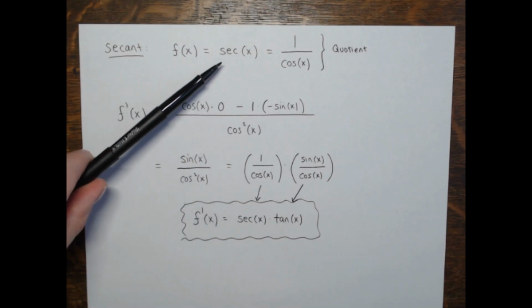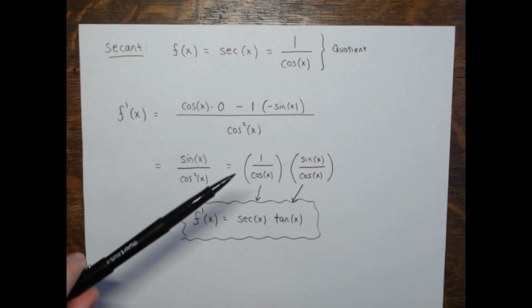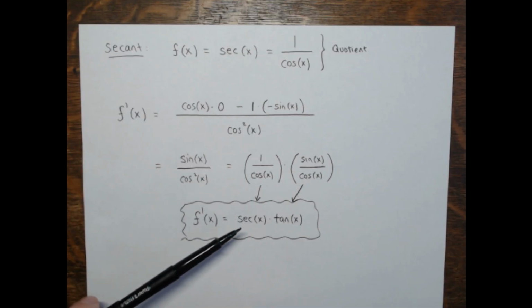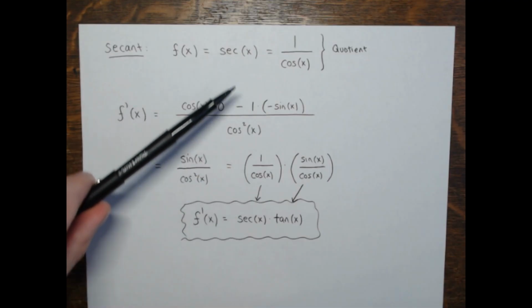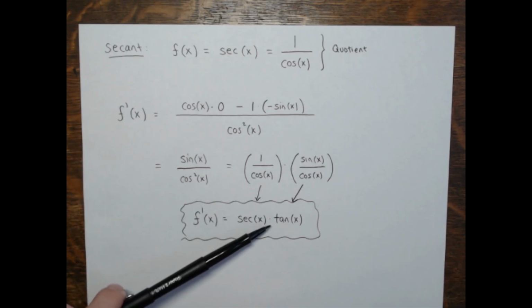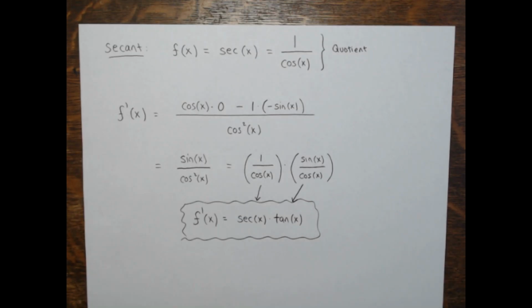So if your function's the secant function, the first derivative is itself, right? It's secant again, but then don't forget the times tangent.